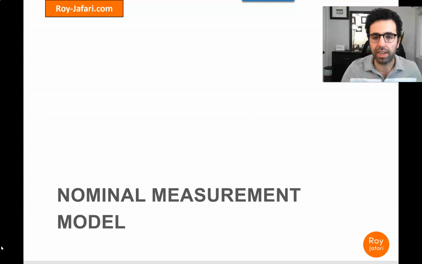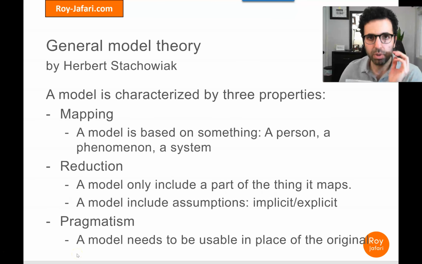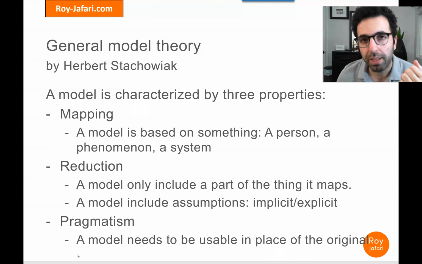Alright, so let's look at this slide. In the previous video we talked about the general model theory, and we talked about a model having basically 3 characteristics. It's a mapping of a reality, a thing, an object, a system, an organization. It's basically mapping something, and then this mapping has an element of reduction.